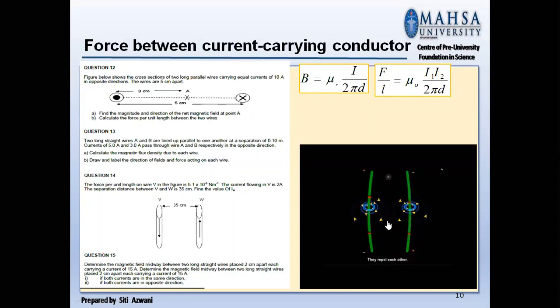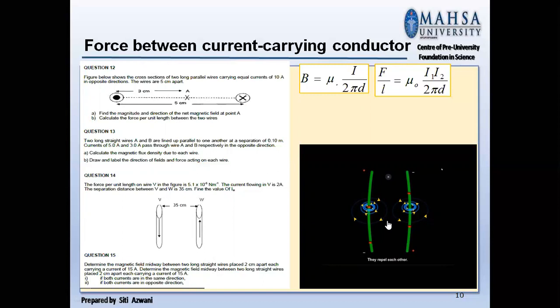So the force is repulsion. They repel each other. So you can see what happened to the direction of your current, what happened to the force between the two wires, and third, what happened to the magnetic field B for each wire. Then you can calculate the magnitude of the magnetic field B.